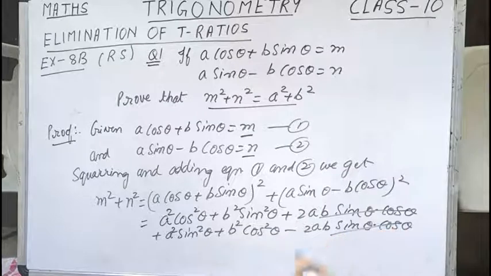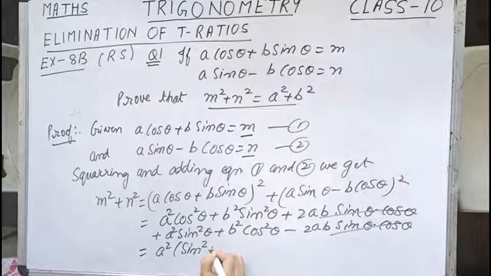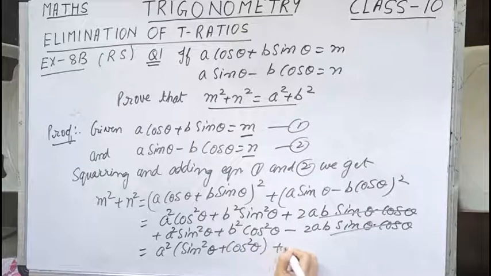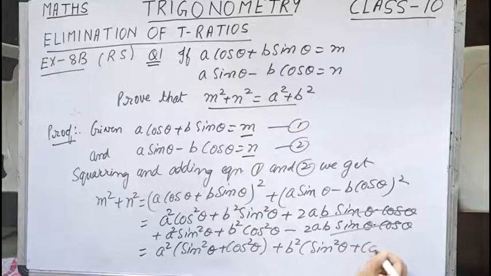Obviously these two terms will cancel, and over here a square is common, left in the bracket is sin square theta plus cos square theta, and over here b square, left in the bracket is sin square theta plus cos square theta. So sin square theta plus cos square theta is 1, so we are getting the result as a square plus b square.